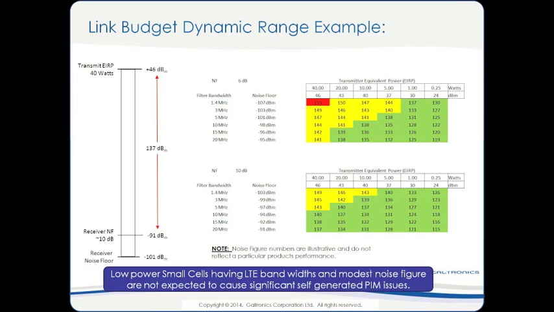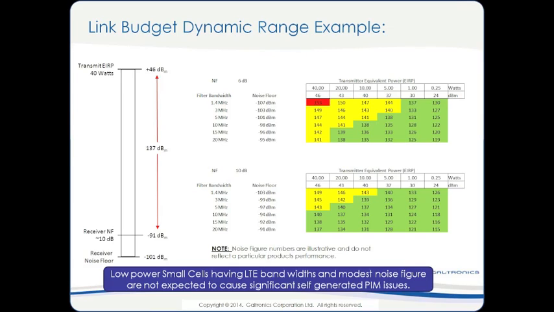In this case, we talk about a macro type installation where we're transmitting 40 watts, or +46 dBm, for a 20 megahertz channel. The noise floor is at -101 dBm, and let's assume a 10 dB noise figure. As an antenna guy, I have no idea if that reflects a valid noise figure for a receiver for particular equipment. These numbers are simply illustrative.